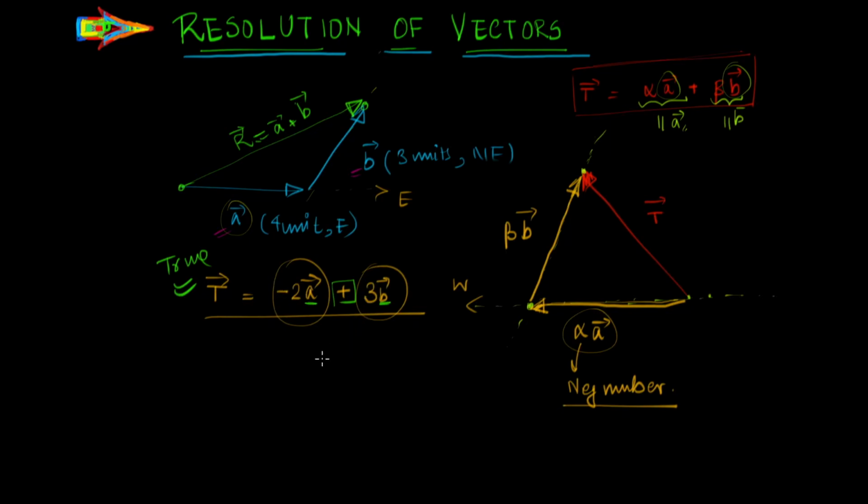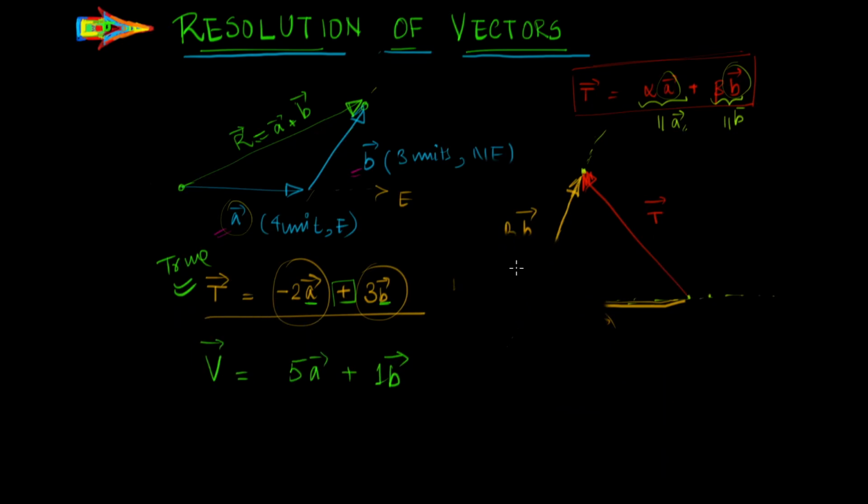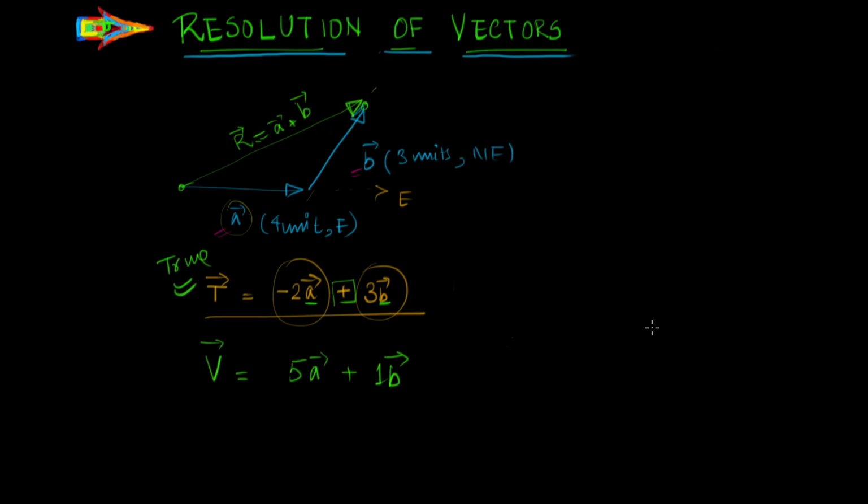So this is one type of linear combination of T. Now we could have any other vector, say vector V, and that could as well be resolved in A and B. That could be something like 5 times A and 1 times B. If you try to plot V, if A were 4 units in this direction, I'll have to draw a really long line of 5A.